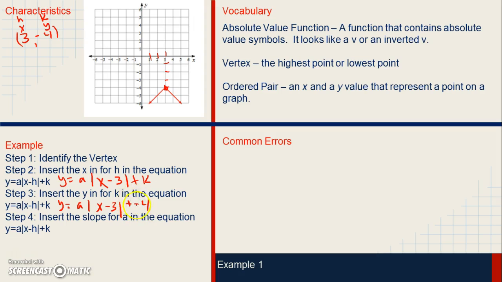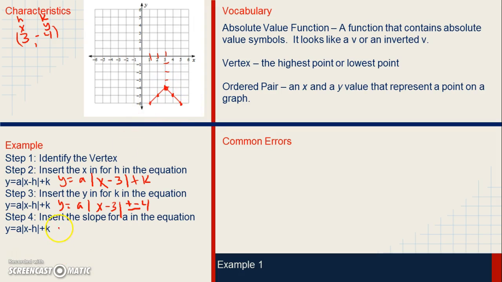And those double signs will just become a negative. So now I insert the slope for a in the equation. Well, what's my slope here? Over 1, down 1, over 1, down 1. So the slope is 1, and I told you this is a negative function, so it's pointing down.